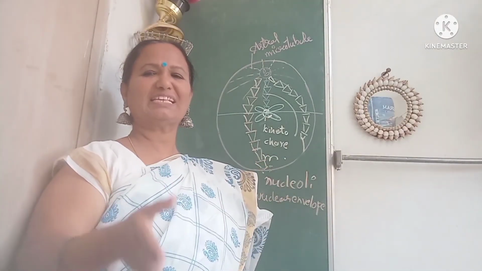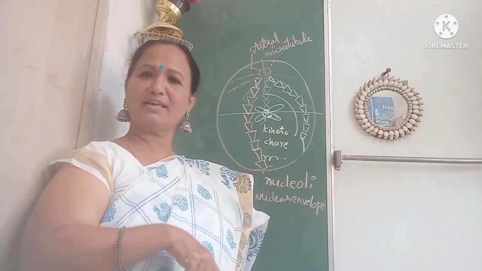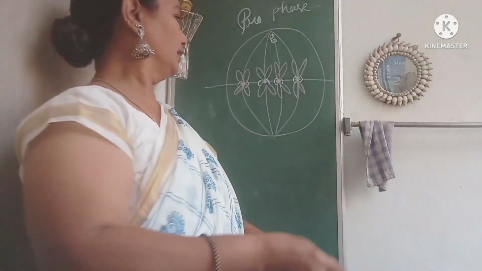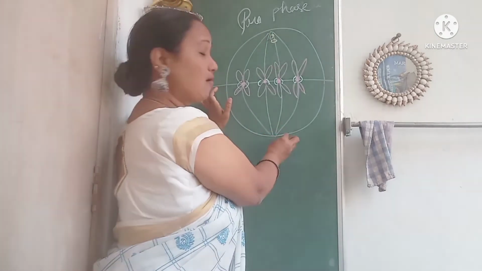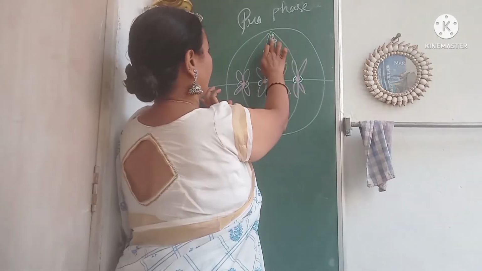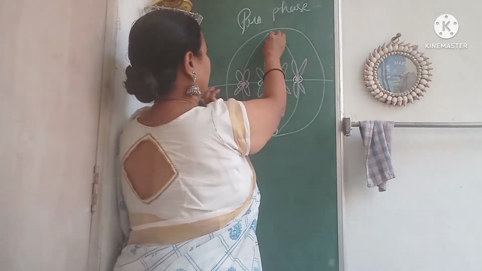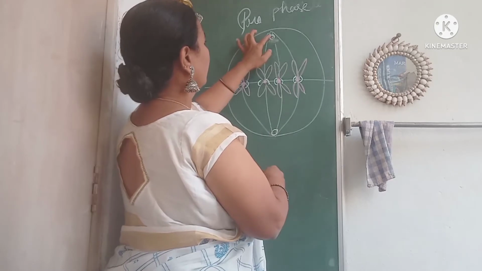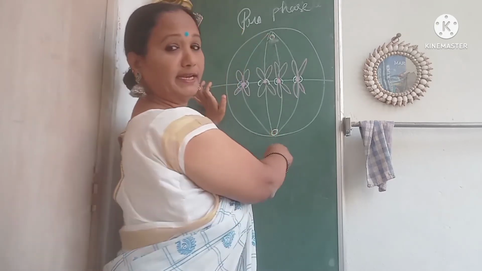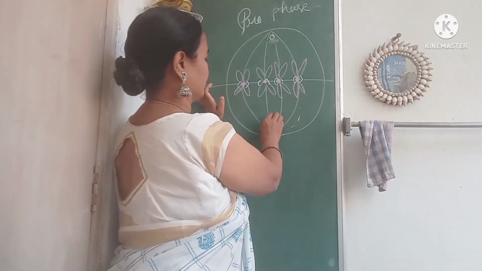Prometaphase is transitional between prophase and metaphase. Each centriole pair is surrounded by a so-called aster, which is composed of microtubules radiating in all directions.